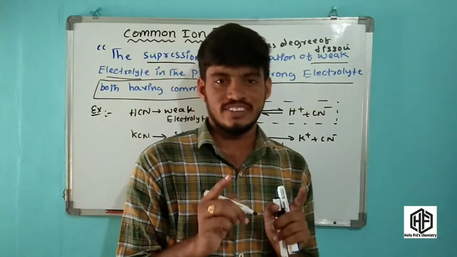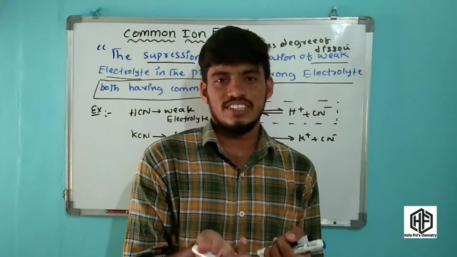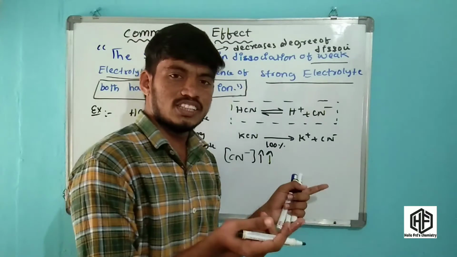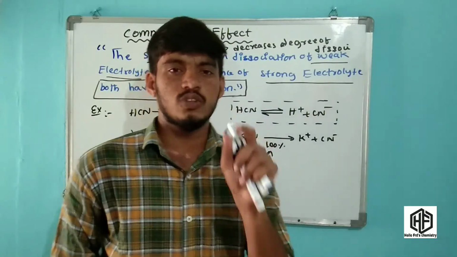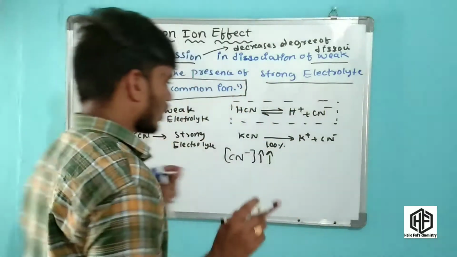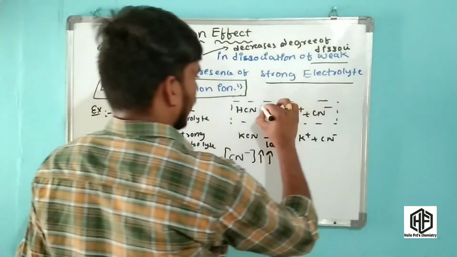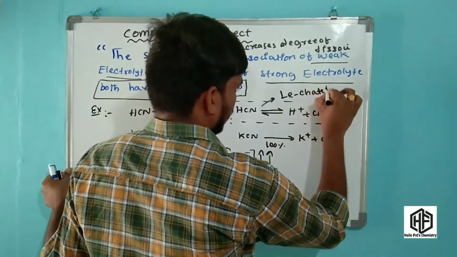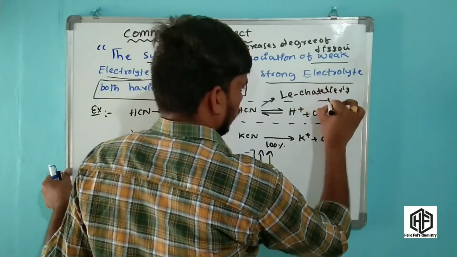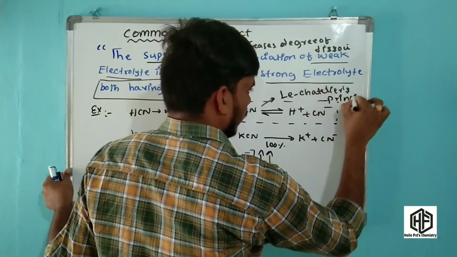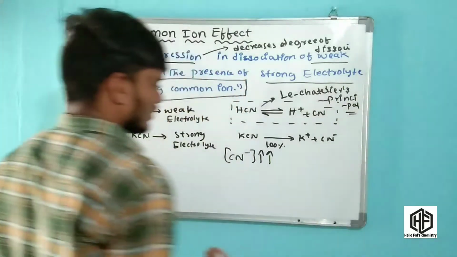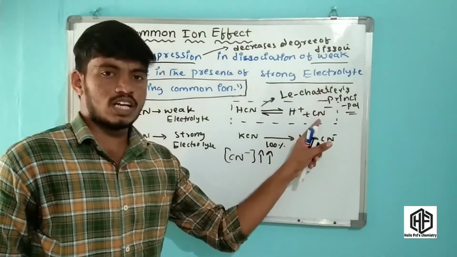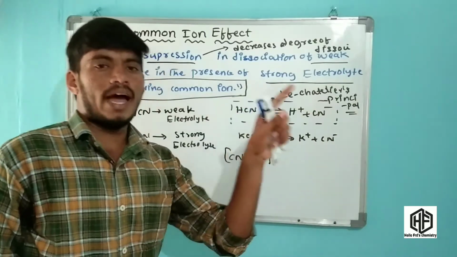What happened there, friends? Whenever the CN minus ion concentration increases, the equilibrium is disturbed. Due to Le Chatelier's principle, an increase in concentration shifts the equilibrium to the backward direction.